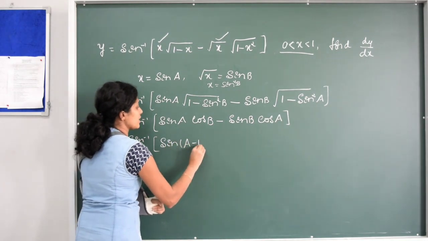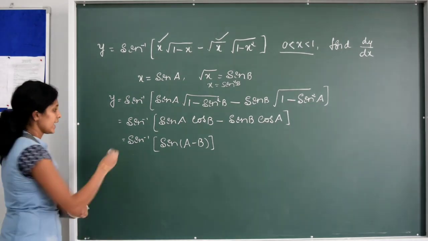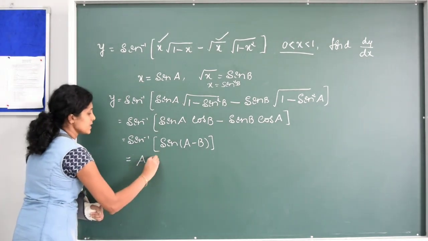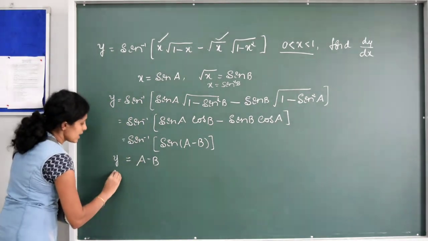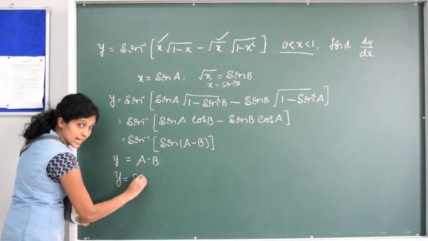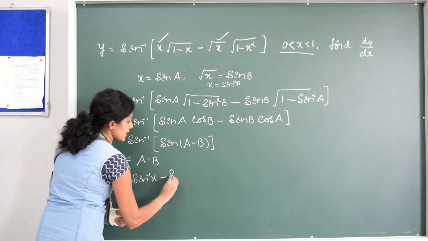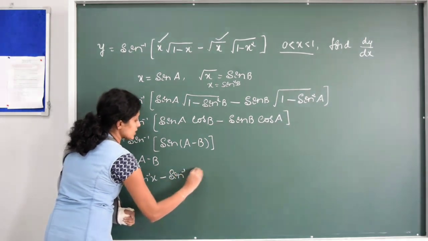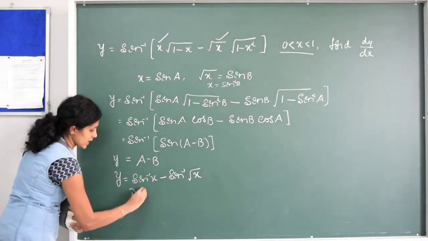Sin of x minus y formula. You know this, in place of x and y, here we have a and b. So this is equal to a minus b. So y is equal to a minus b, but we need to substitute the value: y is equal to, what is a? A is sin inverse of x, minus b is sin inverse of root x. Is it clear?